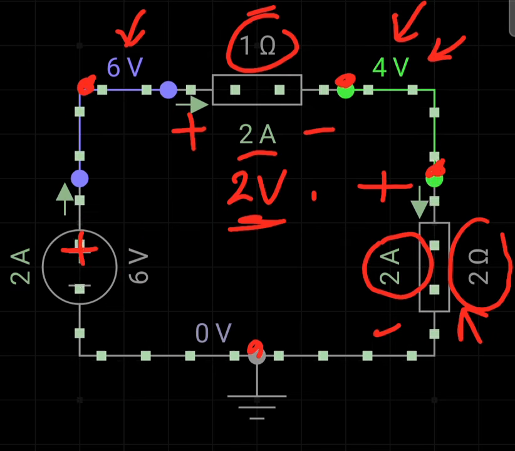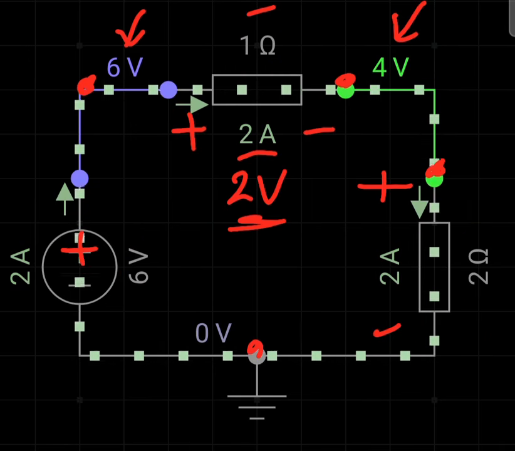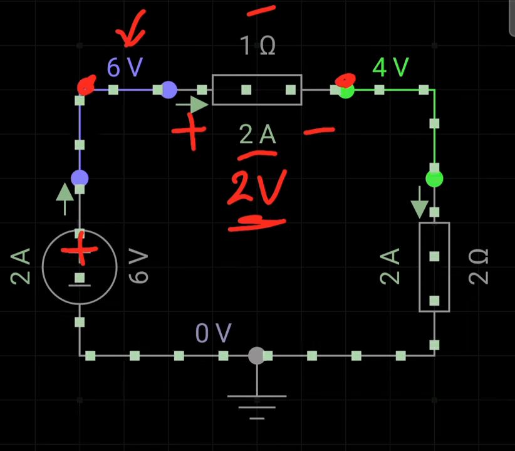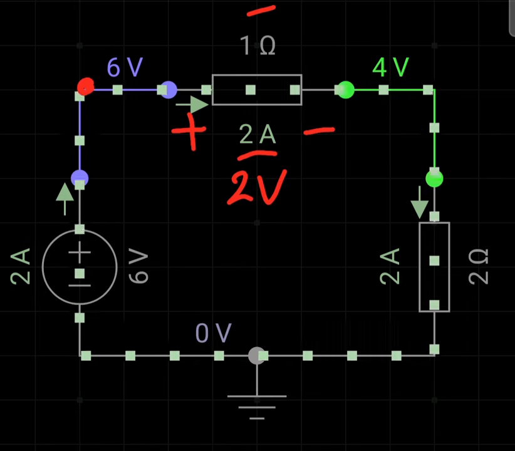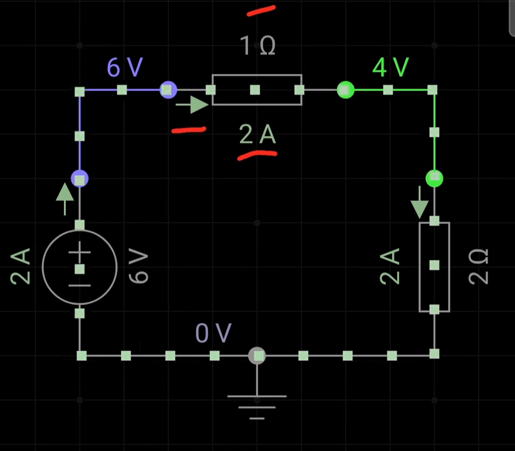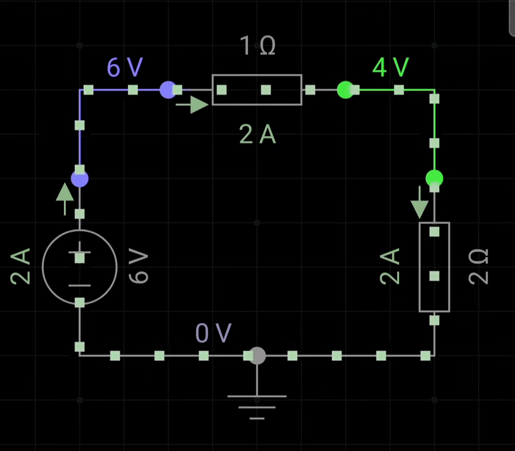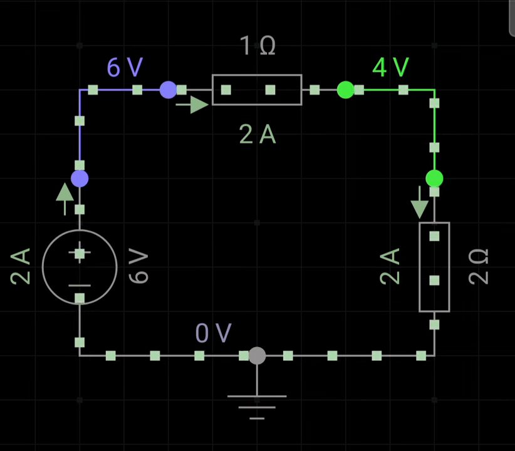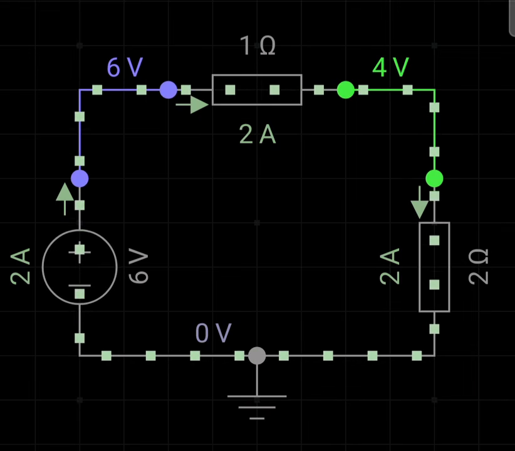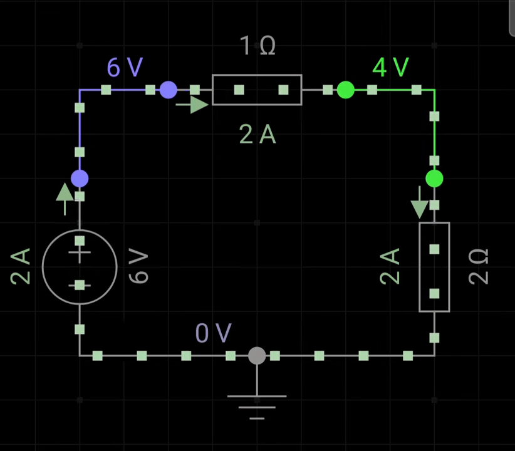So this is how you can see that we have calculated the voltages and the currents in the circuit and across the resistances. You can also apply Kirchhoff's voltage law, which states that the sum of all voltages in a closed loop is equal to 0.